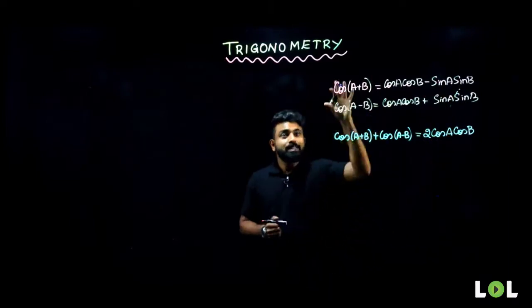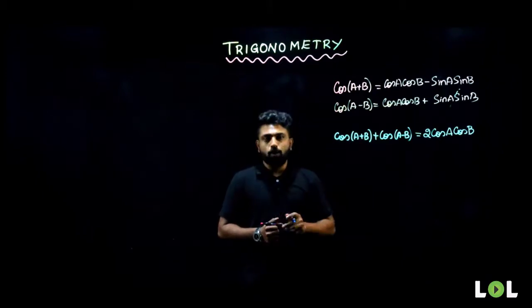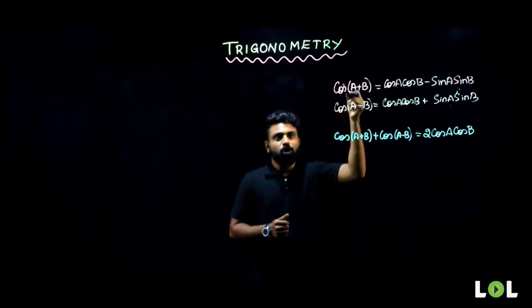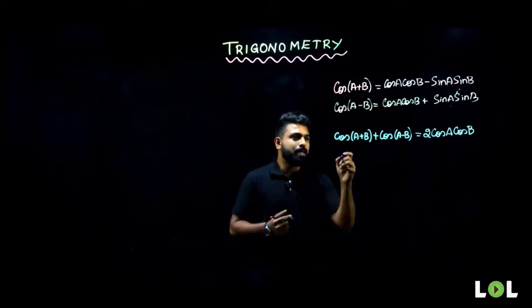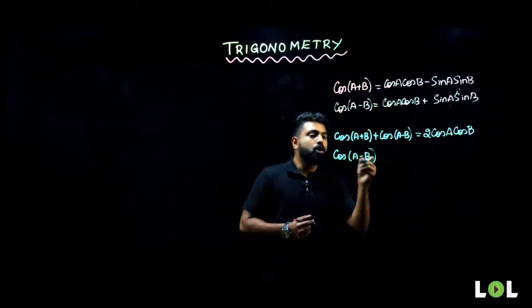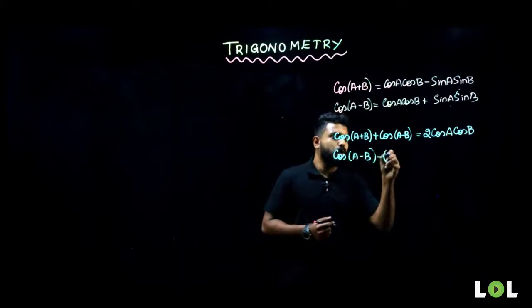Now what if I subtract these two equations? So now watch this carefully. I'll not be subtracting cos of a minus b from cos of a plus b. Instead, I'll be subtracting cos of a plus b from cos of a minus b. If I subtract cos of a plus b from cos of a minus b, what will I be left out with?